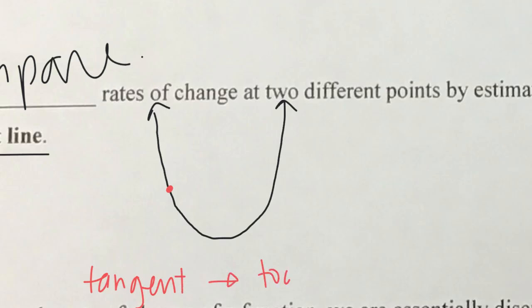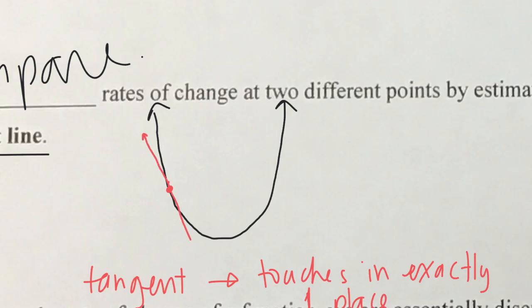Tangent touches in exactly one place. Okay, so the tangent line is not a very well drawn one, but that would be like a tangent line, one that touches it in exactly one place. Maybe this one will be better. So here's one here. All right, there's some examples of tangent lines.